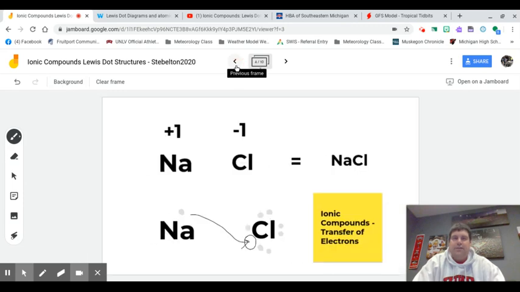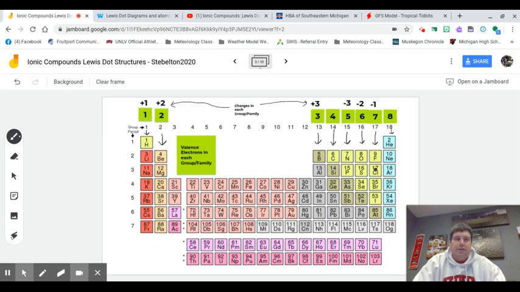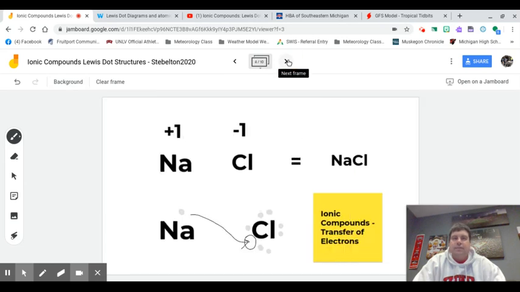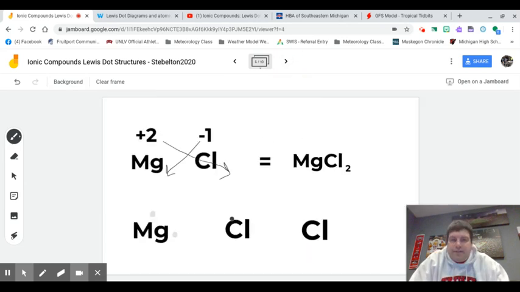Again, if you forgot that, you can go back to this periodic table. Chlorine has 7 valence electrons. So we're going to put 7 around each of these.